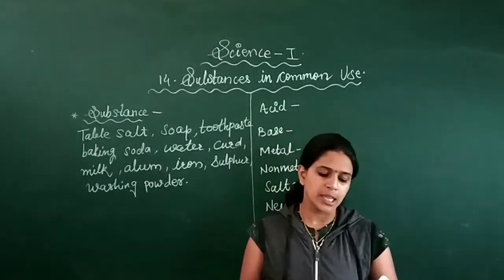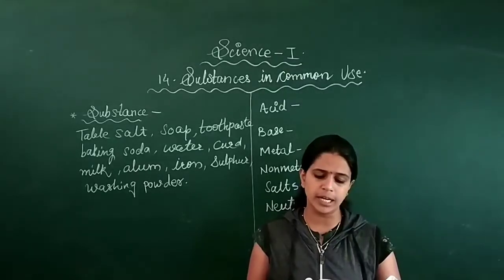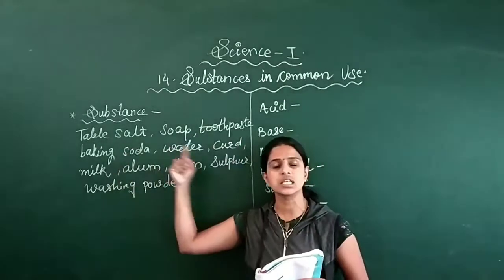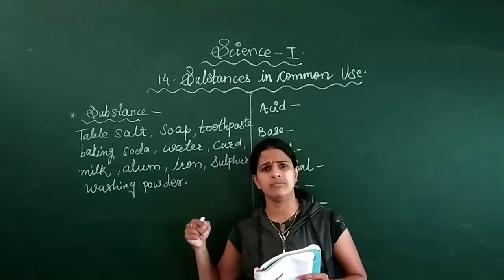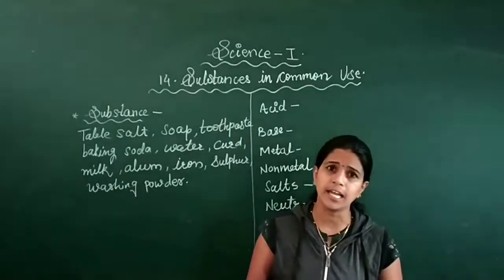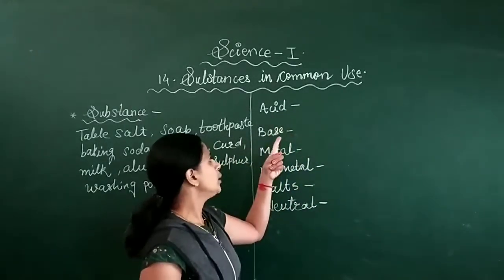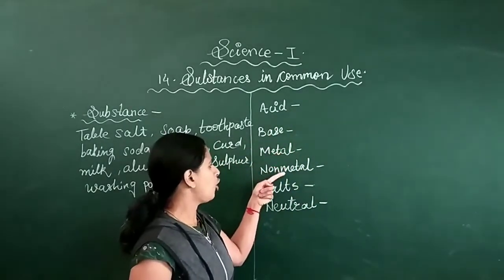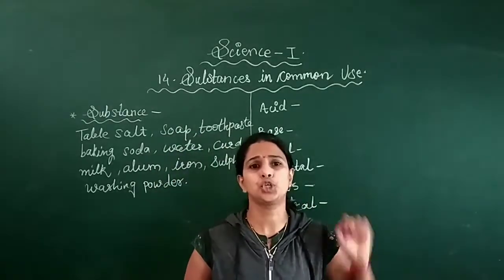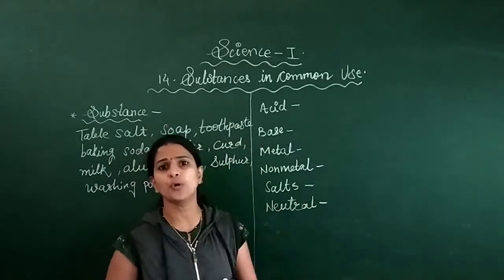Now see, the names of substances in everyday use are given below. These are some substances which we use every day. Now we have to classify them into acid, base, metal, non-metal, salt and neutral. Now how to classify? I will show you, and you write it down in your notebook too.